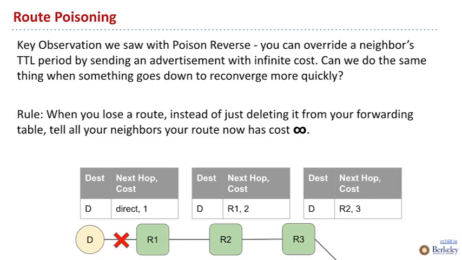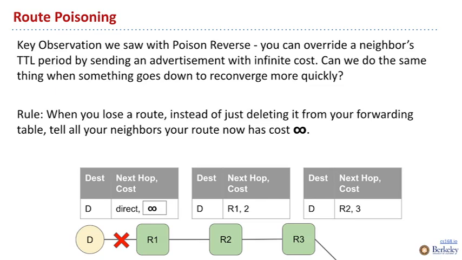And so we can walk through a case here where we had our valid setup: R3 sends to R2, R2 to R1, R1 to D. And unfortunately, this link goes down. So R1 to D goes down. And R1, on these host links, is going to detect it. And so it sets its cost to infinity.